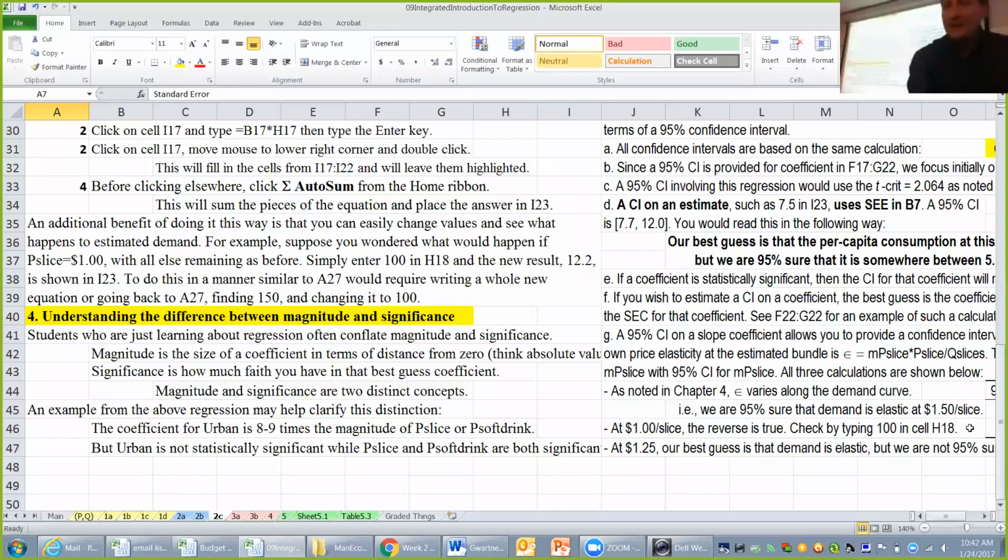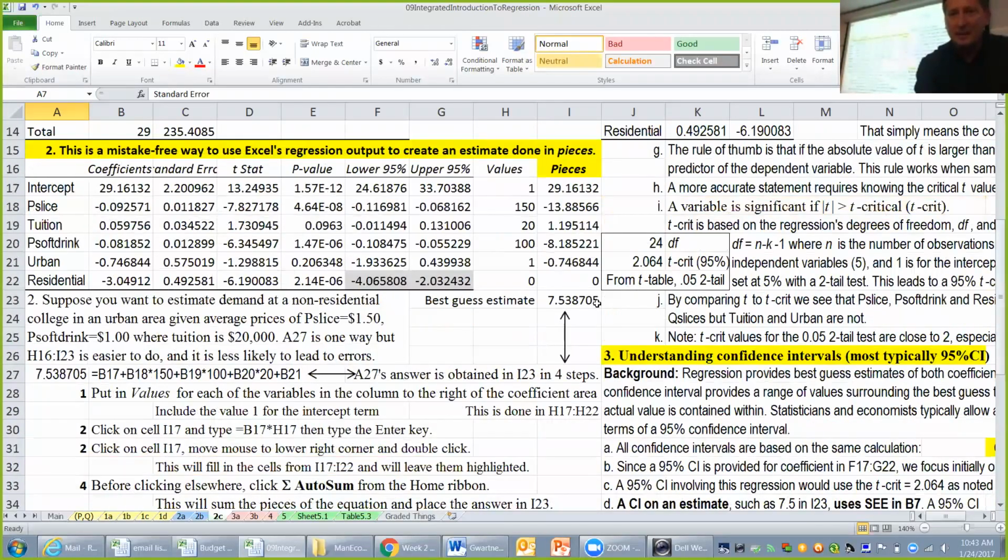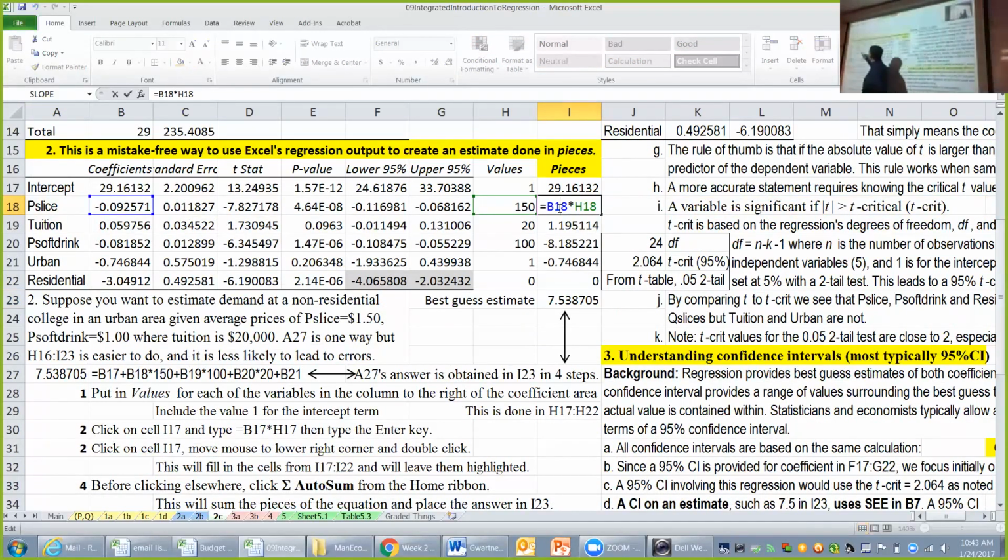Why? Because that is exactly how we come up with our best guess. This number here of 7.5 was determined in part by the fact that this was 0.092. If that was 0.06, we're going to get a different best guess. Questions on that? So magnitude versus significance.